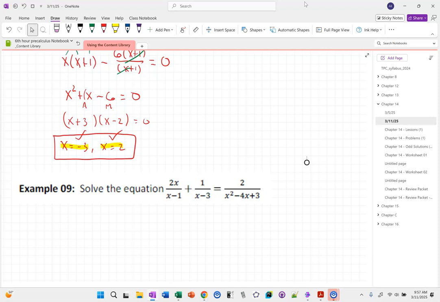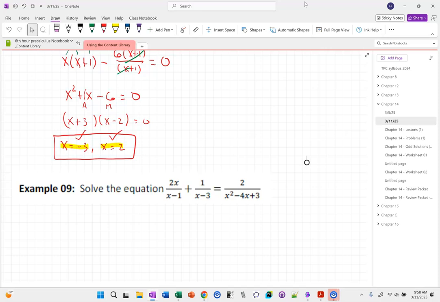All right. So, first thing I would do is, nah, don't need to do that. Yeah, and to find the least common multiple, I want things in factored form. That just makes it easier.